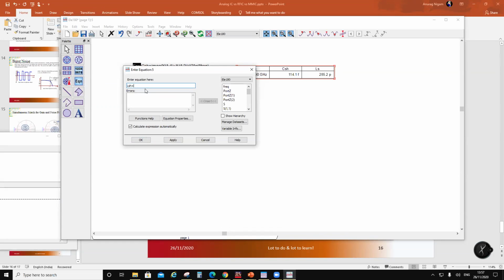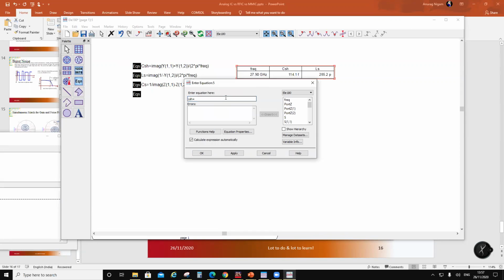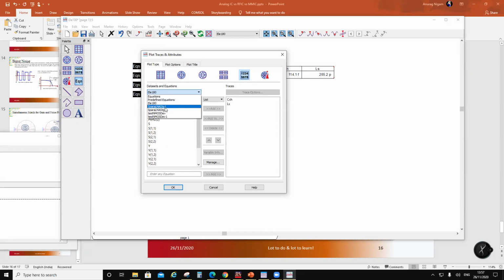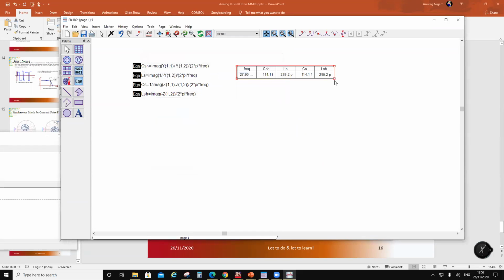LSH will be equal to the imaginary of Z12 minus the imaginary of minus Z12 divided by 2 pi frequency. So this is my T equivalent, that's my pi equivalent. LCS and LSH. Done. They are the same numbers. Of course, they would be same numbers for 90 degrees. So don't worry about other frequencies, other delays.